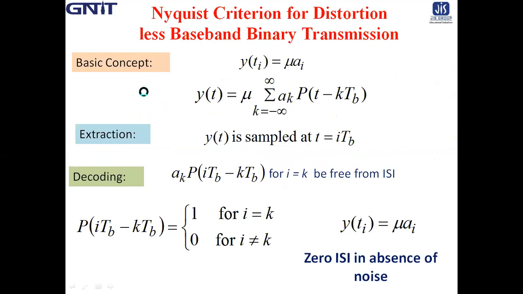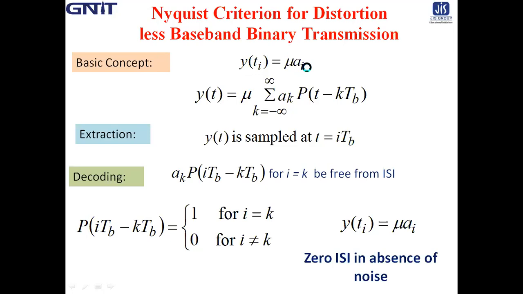The basic concept of the Nyquist criterion is, in the absence of ISI, we have y(t_i) equal to mu times a_i, just only the first term. This expression shows that under these conditions, the ith transmitted bit can be decoded correctly.